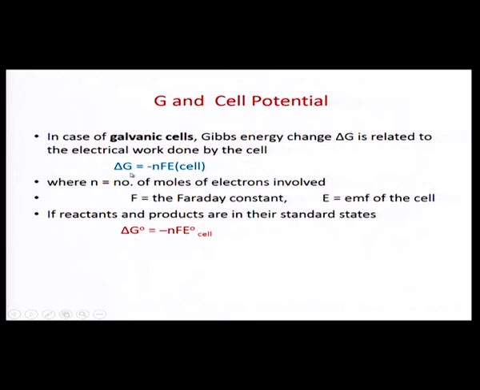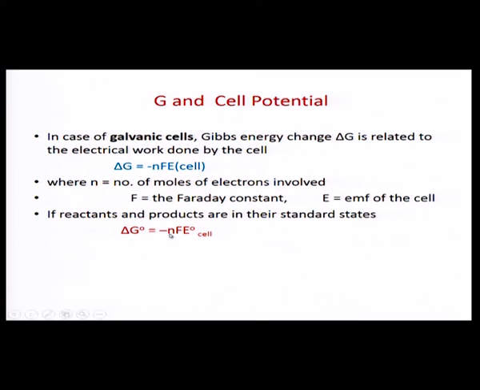This equation clearly indicates that if the value of E is positive, then the reaction will take place spontaneously, because of the minus sign here, the delta G value will be more negative.